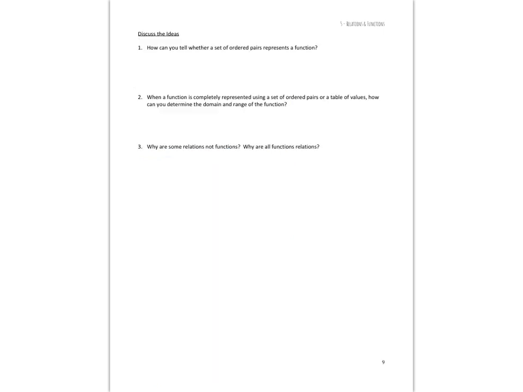So a few discussion things. How can you tell whether a set of ordered pairs represents a function? Again, each domain value is unique. It does not have different range values attributed to it.